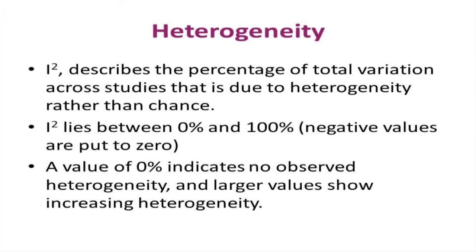So the I-square is always between 0 and 100%. And if you have negative values of I-square when you compute them, you put them to 0. So you can see that you have I-square values that are 0 in some articles. If you have an I-square value of 0, you indicate that you have no observed heterogeneity. And if you have larger values, that's your amount of heterogeneity in that meta-analysis.